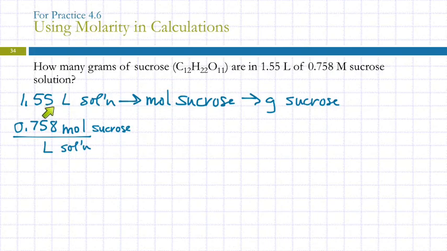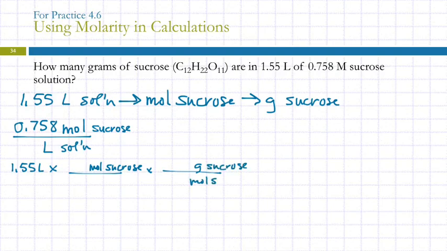So I figured out my path. That's the hard part. So 1.55 liters. And I'm going to convert that to moles of sucrose. And now I'm going to convert that to grams of sucrose. So put moles down here.